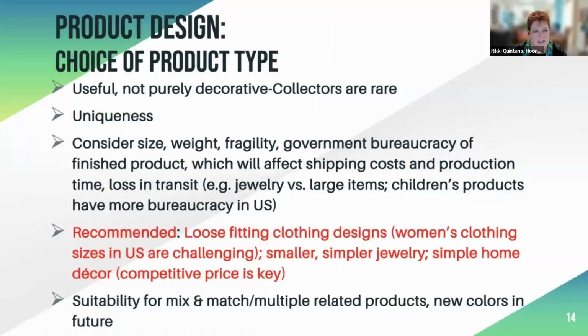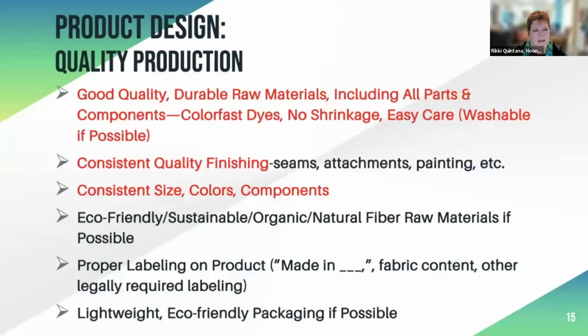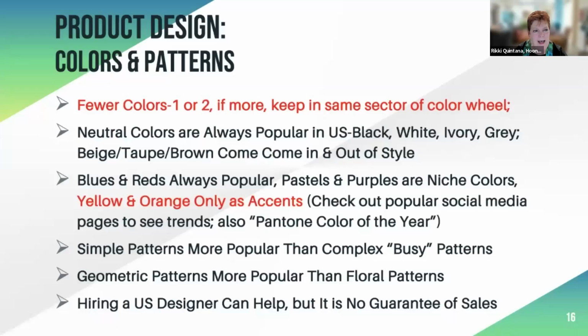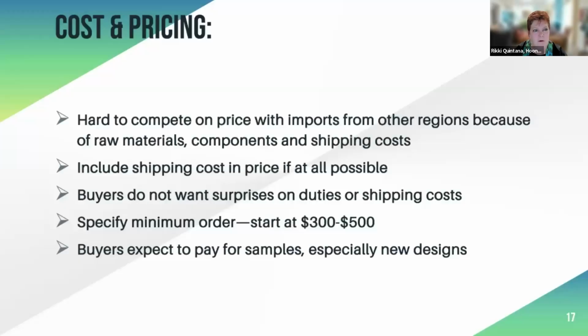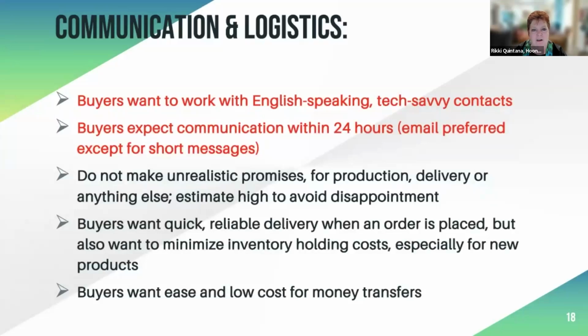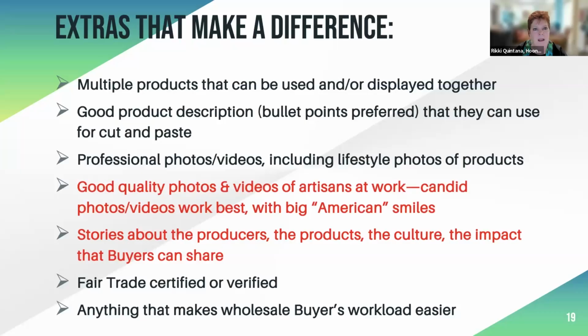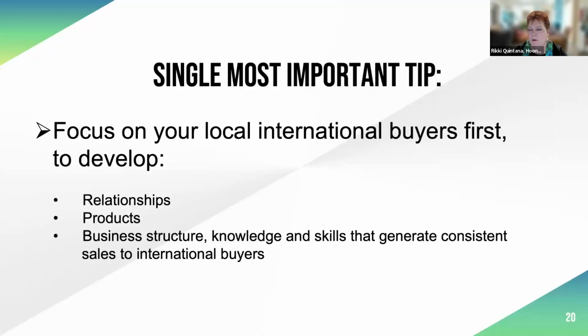So choice of product type, quality production, colors and patterns, cost and pricing, communication and logistics, and extras that make a difference. You can look at those later, but I wanted to end that part of it with the single most important tip I have for artisans who are just starting to think about entry into the US market.